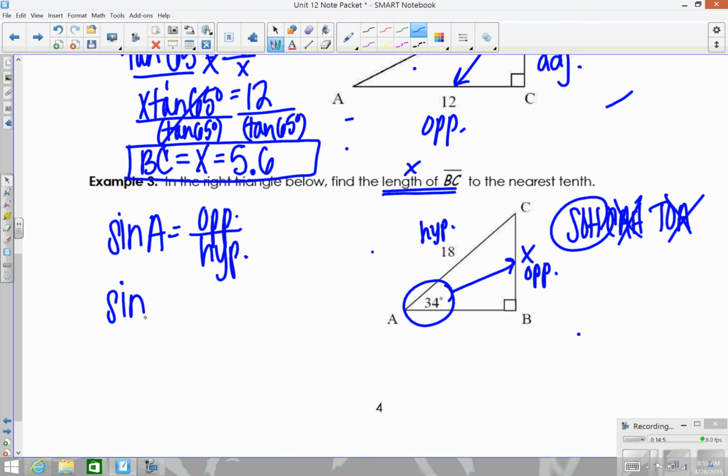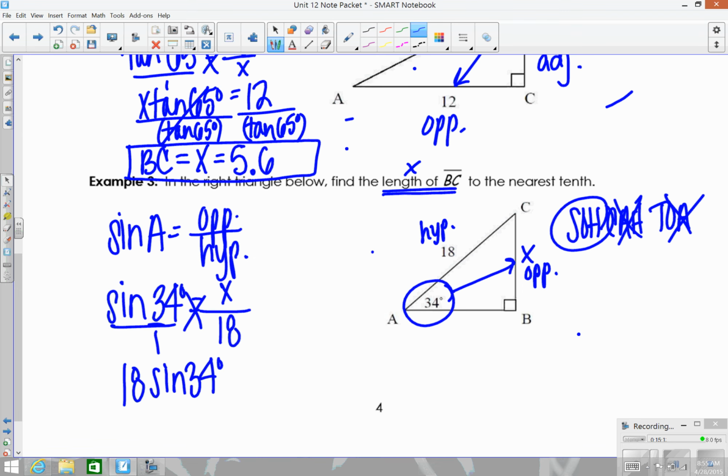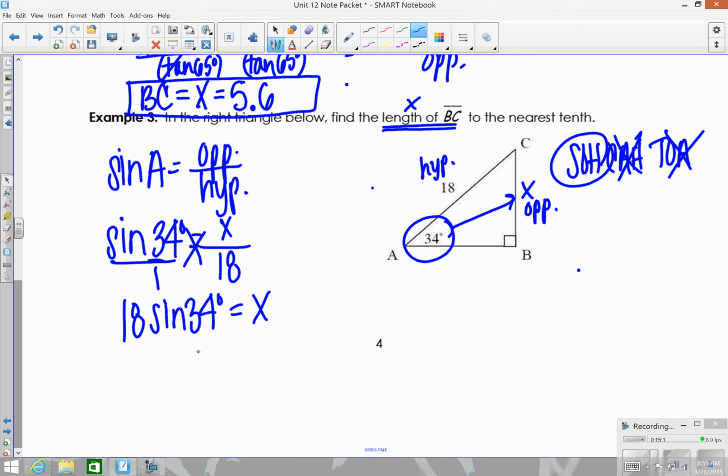Sine of 34 equals opposite, which is x, over hypotenuse, which is 18. Put that over 1, cross multiply. So 18 times sine of 34 degrees equals x. Just put that into a calculator, and we get x equals 10.1 rounded to the nearest tenth, and that's the length of BC.